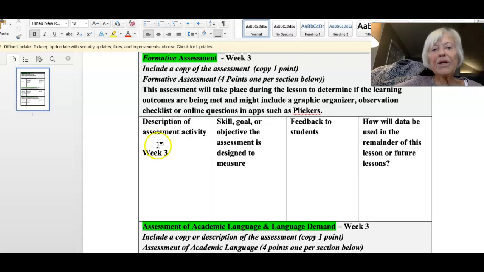And so I would put Kahoots and I would give why or what the actual Kahoots game was about. And then I would come over here and I would write what skill, goal, or objective this assessment is there to measure. And I would talk about how I could give feedback to my students.